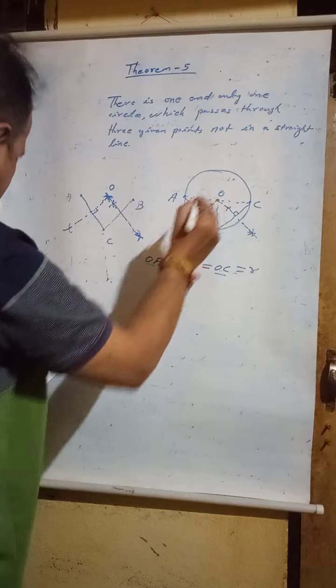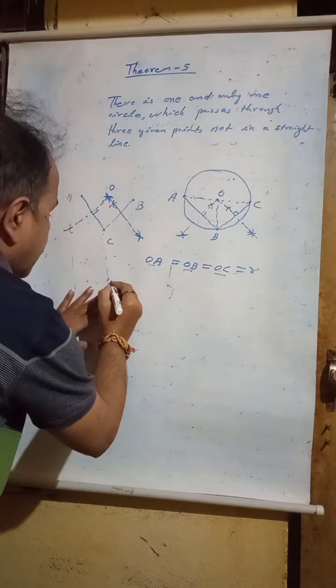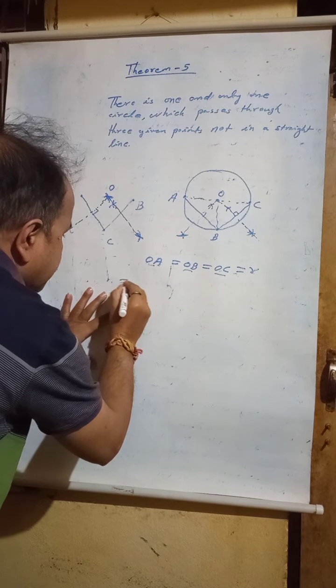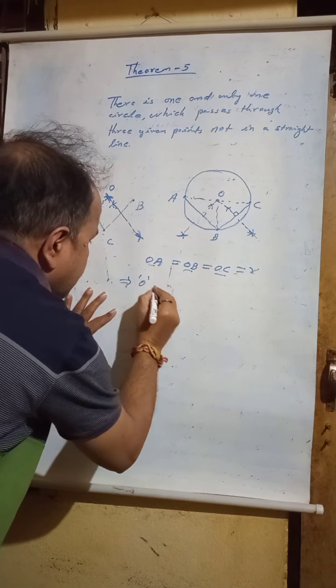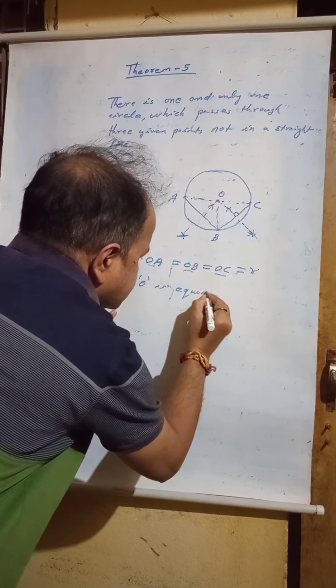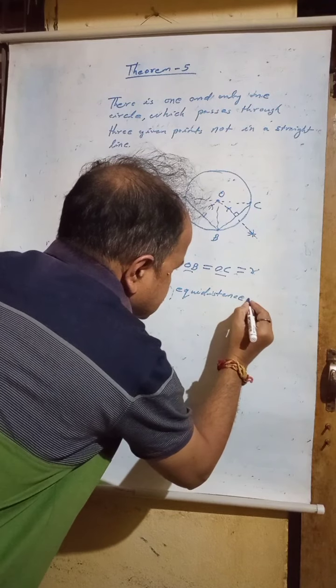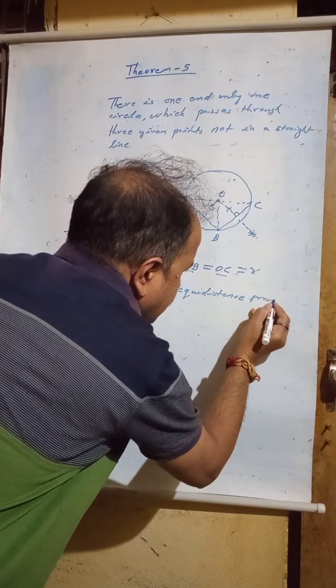So now O is equidistant from the three points, which is what you have proved.